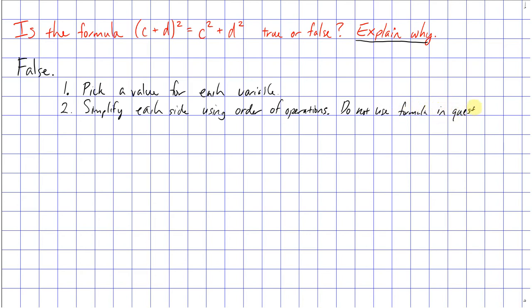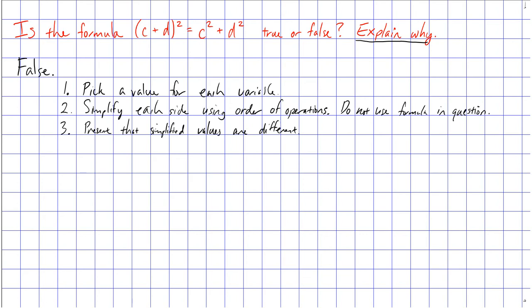Right now, we're saying this formula should be false, but you shouldn't use the formula itself, the thing which we are perhaps doubting, in order to show that a formula is true or false. That would be some form of circular logic. And then once you have simplified each side, you should present the information that the simplified values are different. That's the basic step that's involved.